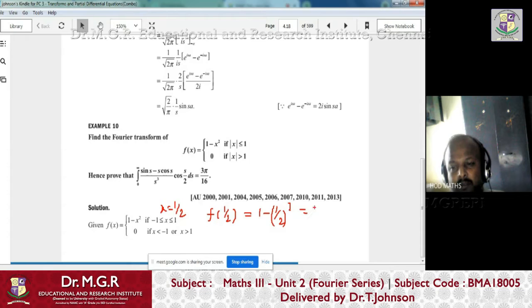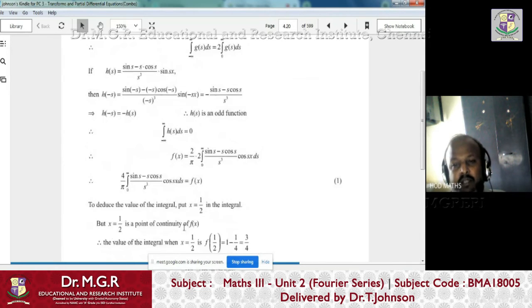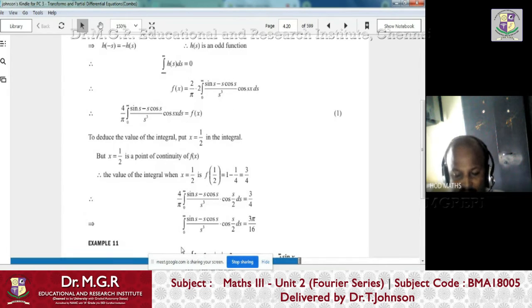Half square is 1 by 4, so 1 minus 1 by 4 is 3 by 4. So f of 1 by 2 value is 3 by 4. You may ask how this 1 minus 1 by 4 comes. This is nothing but the 1 minus x square value, that is 3 by 4. So right hand side value is 3 by 4.